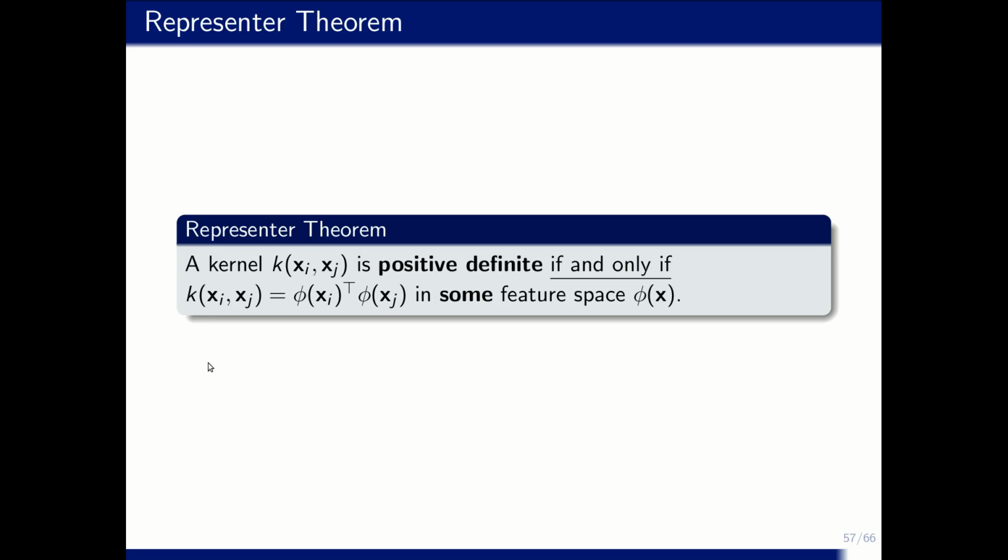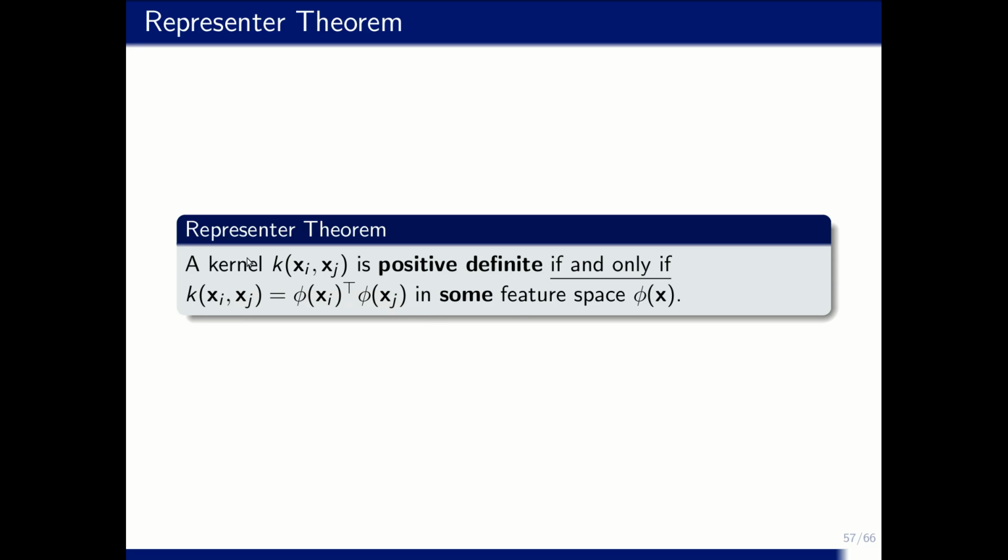Now the key result of the kernel trick is the representer theorem, which I won't prove here, but I will just state. This theorem highlights that there is a tight connection between positive definite kernels and inner products of feature spaces. It says a kernel function is positive definite if and only if the kernel corresponds to an inner product in some feature space phi.